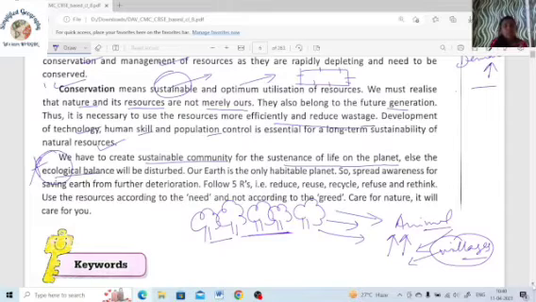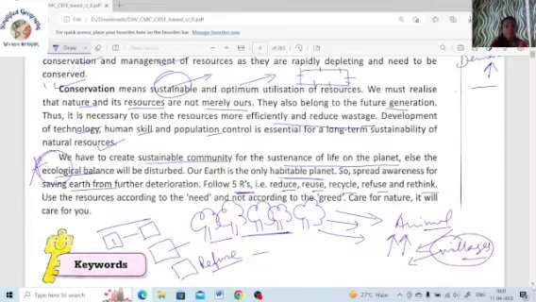Our earth is the only habitable planet, so spread awareness of saving earth from further deterioration. Follow 5 R's, that is reduce, reuse, recycle, refuse, rethink. So you should reduce the usage, then if you have a certain item, you should reuse it if it is possible, recycling is making new things out of the old products. Refuse what? Refuse to damage the environment, and rethink before you do anything.